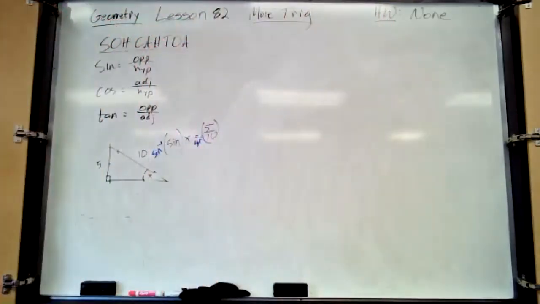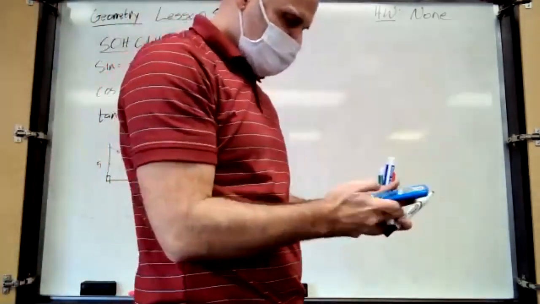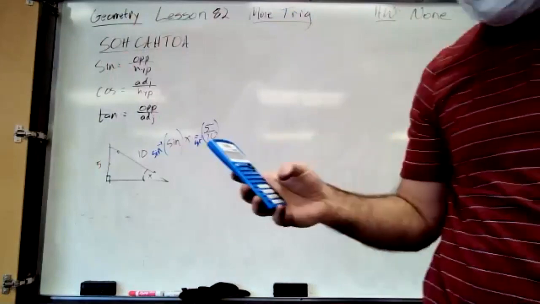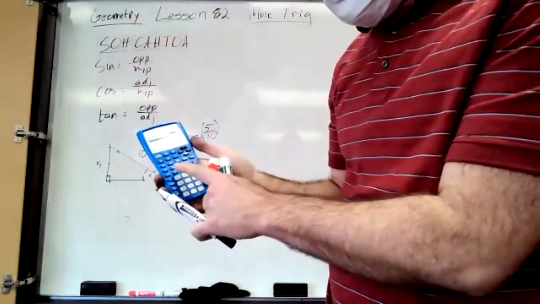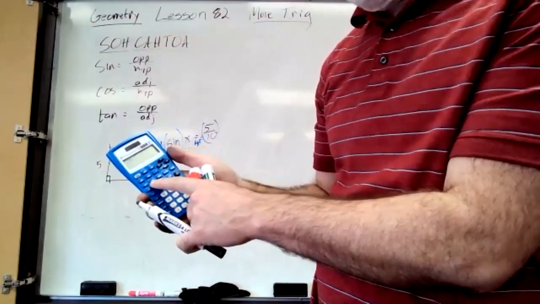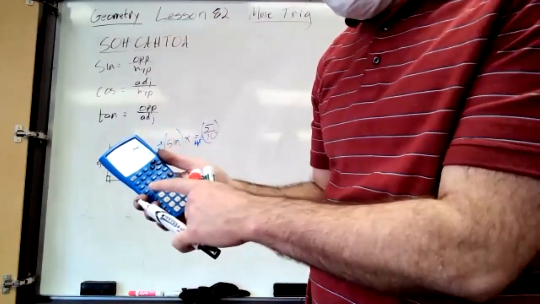Okay? So on your calculator, I'm going to use this calculator. If I say 0.5, right above the sine function on this calculator is sine with a little -1 exponent. So I'm going to put second and then sine.